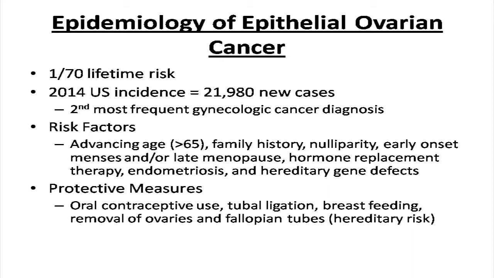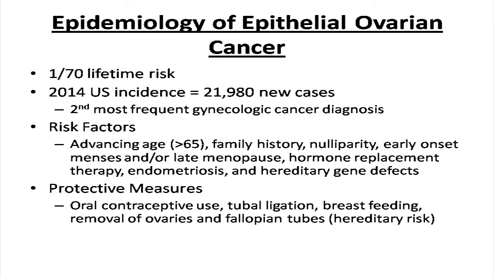Some of the risk factors related to epithelial ovarian cancer include advancing age, and this is primarily a disease of postmenopausal women, often after the age of 60 or 65. A positive family history of epithelial ovarian cancer, never having delivered a child, early onset of menses and or late onset of menopause, patients taking hormone replacement therapy.